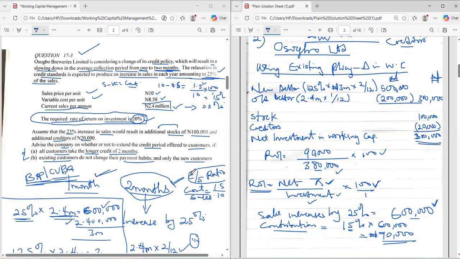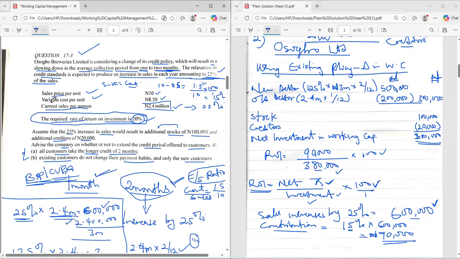How do we get contribution? The question gave us sales, the question gave us variable cost, minus it. So sales is 10 naira, variable cost is 8.5. If you minus it, you have 1.5. 1.5 divided by what? By sales again, because the formula is contribution divided by sales. So 1.5 divided by 10 naira multiplied by 100%. We got 15%. It therefore means that inside this 600,000, 15% is the contribution or the profit element, all things being equal, not 25%.